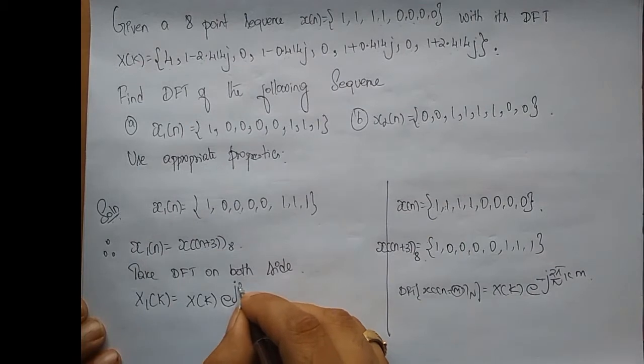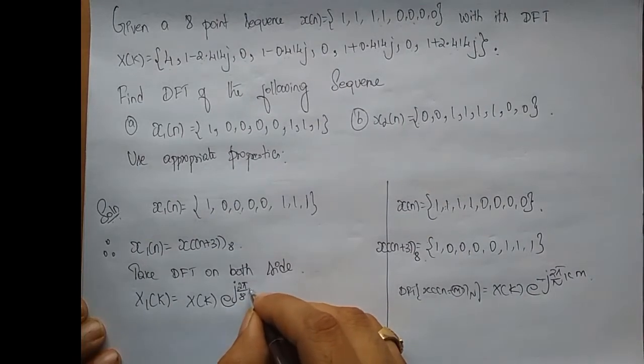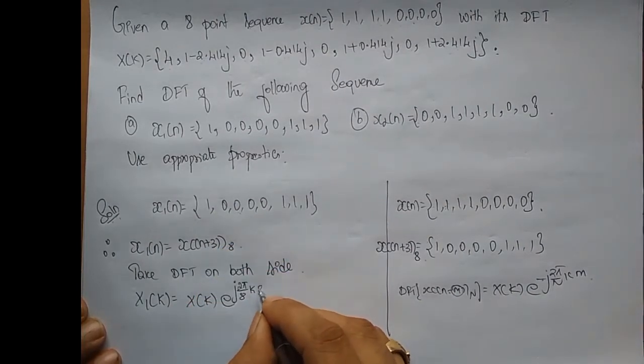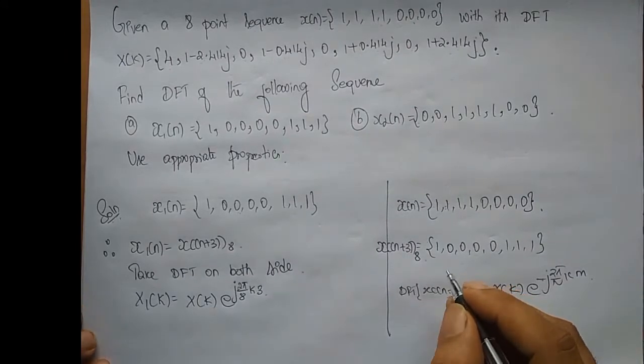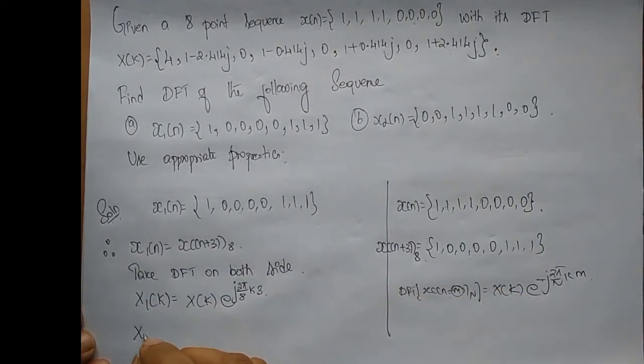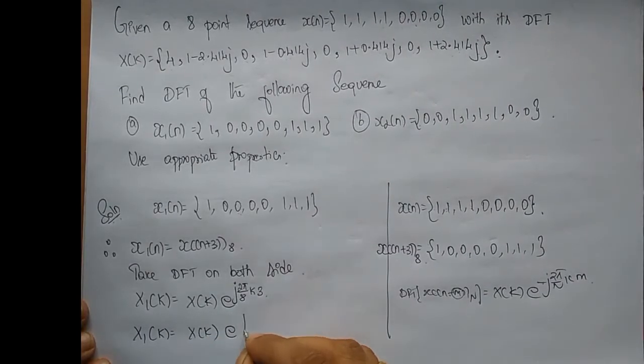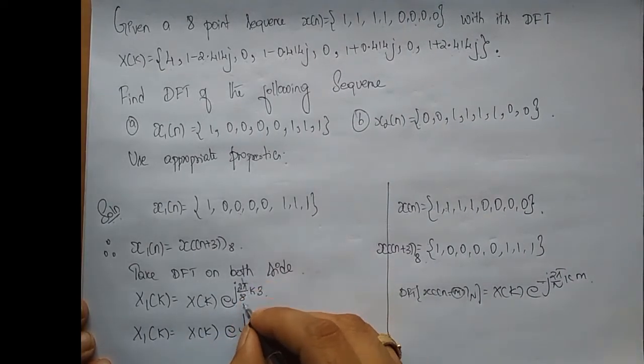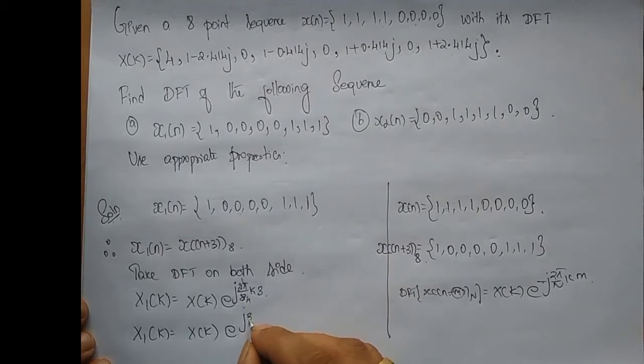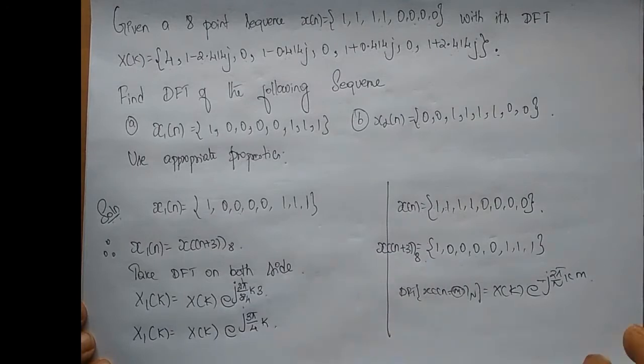So it is plus j 2 pi by 8 into k into 3, since it is shifted 3 times. So I can write x1 of k is equal to x of k into e power j, pi by 4 times 3, so 3 pi by 4 into k. So this is our x1 of k.